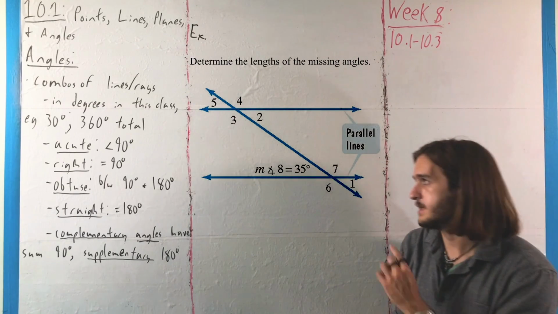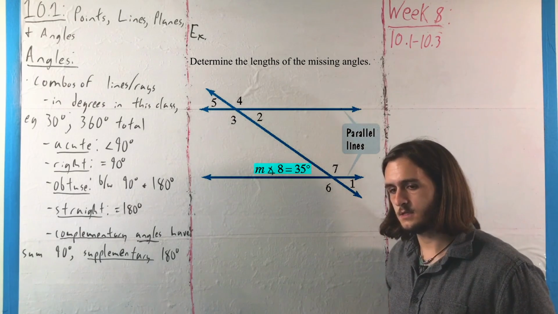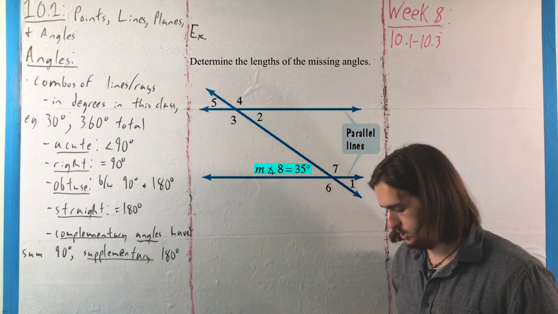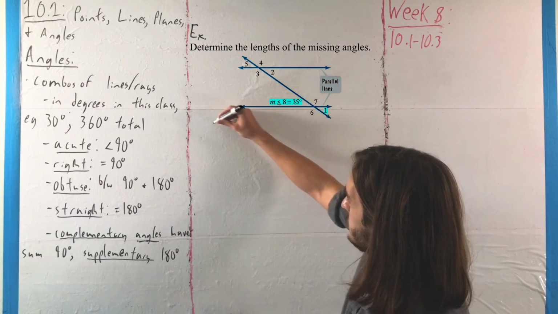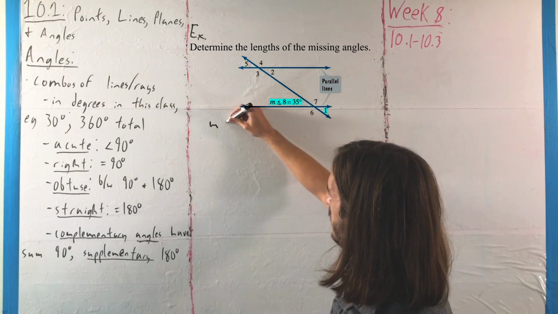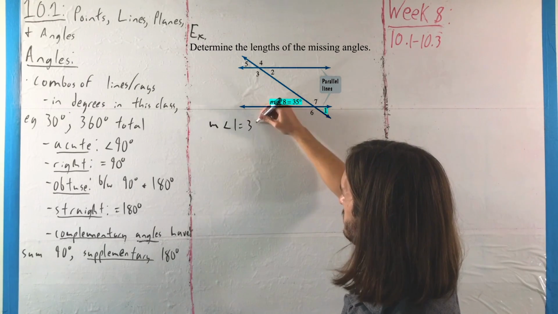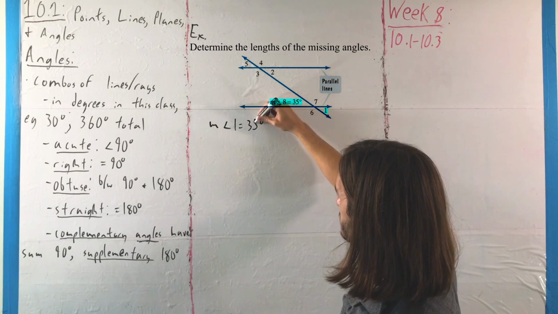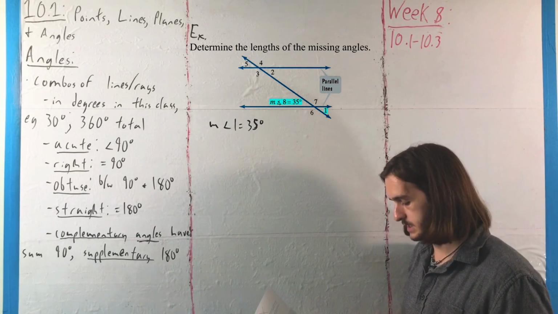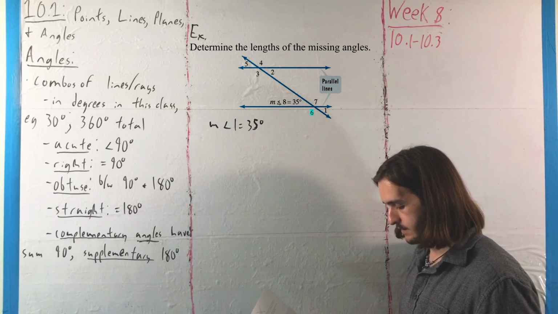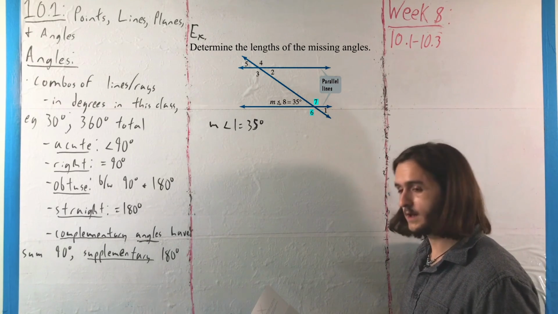So the first thing we can look at here is that our angle 8 is a vertical angle in relationship to the angle 1. So given that relationship, the measure of angle 1 is going to have to be 35 degrees. Then from there, we can talk about the measures of angles 6 and 7 in terms of the measures of angles 1 and 8.